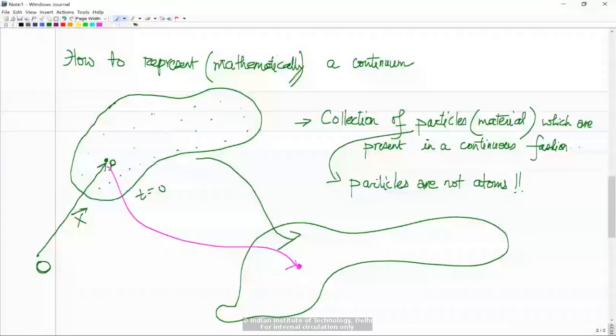So that particle would have followed this pink trajectory. So that's the trajectory of that particle P. So now it has a different position vector, isn't it? Let us say y.